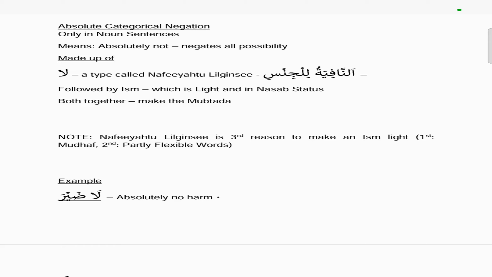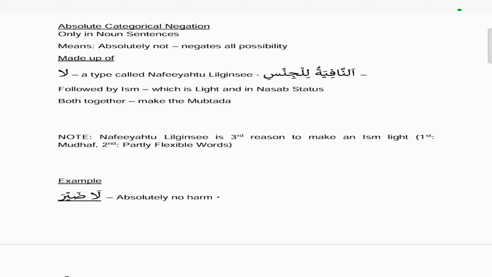The way we do it is made up of a la, which is called nafiyatil lil jinsi, followed by an ism, and that ism is light and needs to be in nasab status. This is not the lam of forbidding, there are different lams. This is called the nafit lil jins lam.